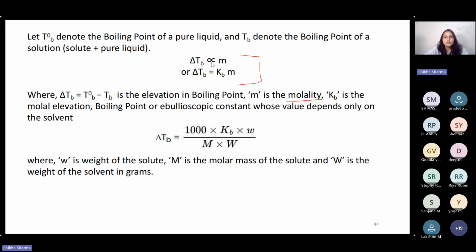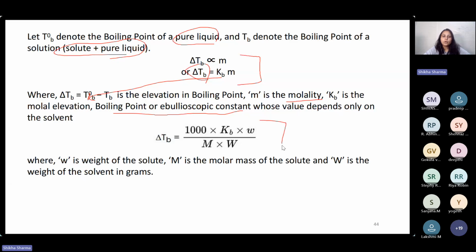If we remove the proportionality sign, it will be equal, and Kb is the molal elevation constant, a constant denoting the boiling point. And this del TB is the difference of the boiling point of the pure liquid, which is the solvent, and the solution, which is solute plus pure liquid.